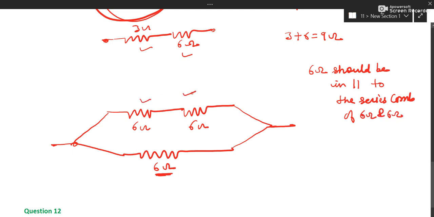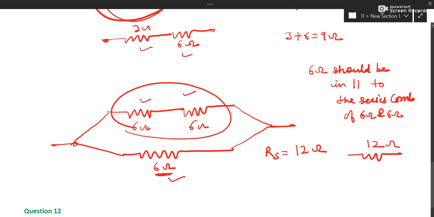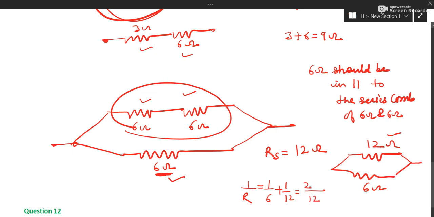So 6 and 6, your resistance in series will be 12 ohm and this is in parallel. So 12 ohm, which is the answer of two series combination, and then this 6 ohm is in parallel. So now you can find out net resistance. How to find out net resistance in parallel? 1 by 6 plus 1 by 12. 12 is LCM. 2 plus 1, 3 by 12.